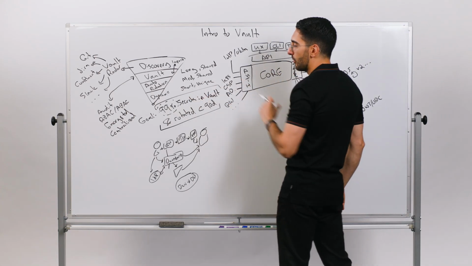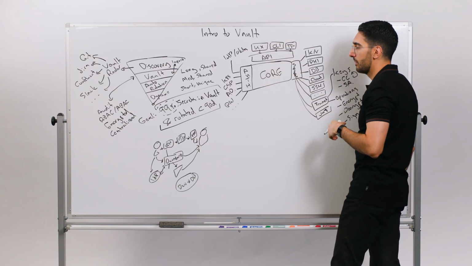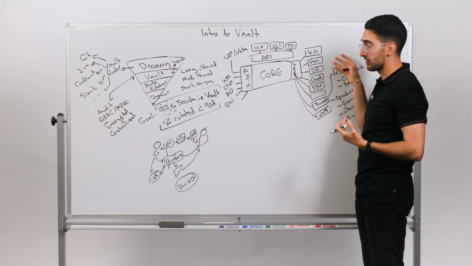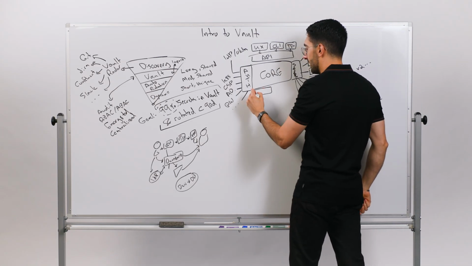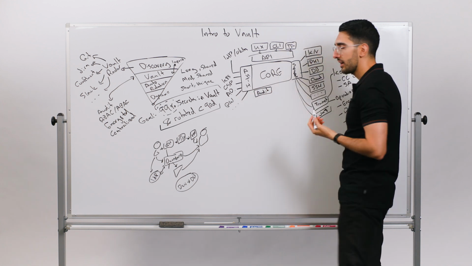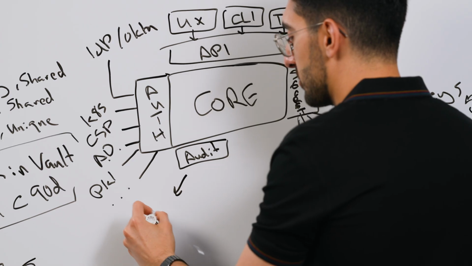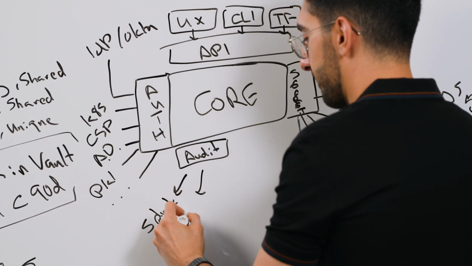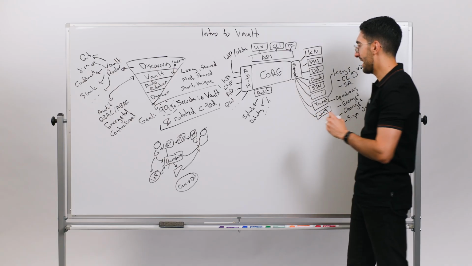Coming back to the basics, though, we want to make sure that every operation, whether it's coming through our UI or CLI or Terraform, is not only authenticated and allowed for the user, with an underlying system performing it, but we still want to be able to audit, right? Do I actually know what user performed those various operations? So audit is another key pluggable point with Vault, where we can integrate with various systems. Maybe you're sending data out to Splunk or Datadog, et cetera. So you can send audit information to various backends.